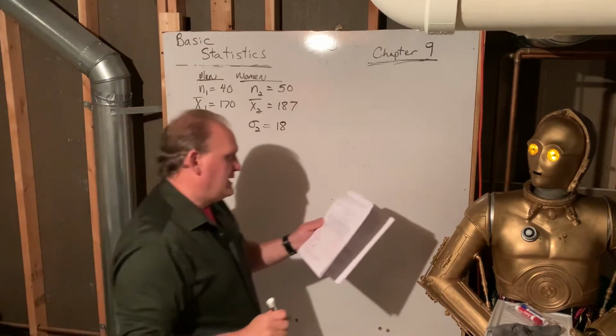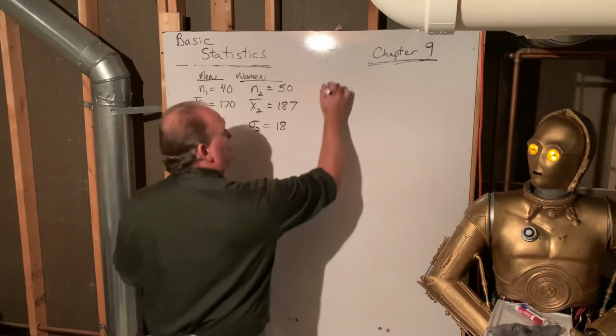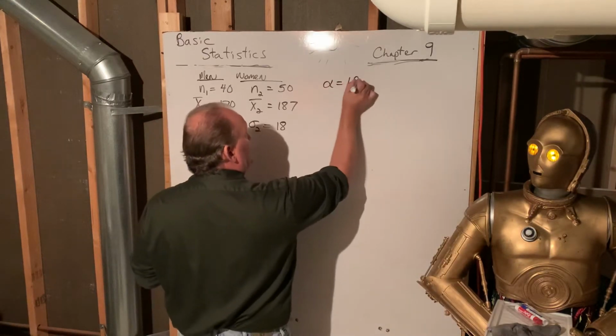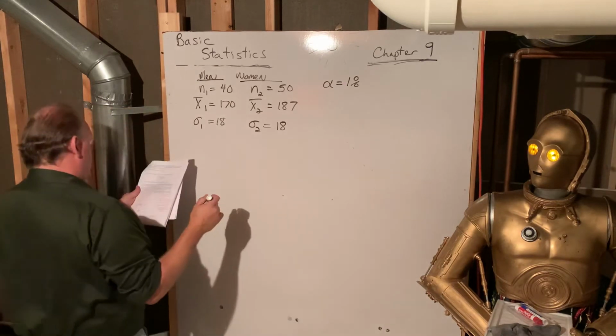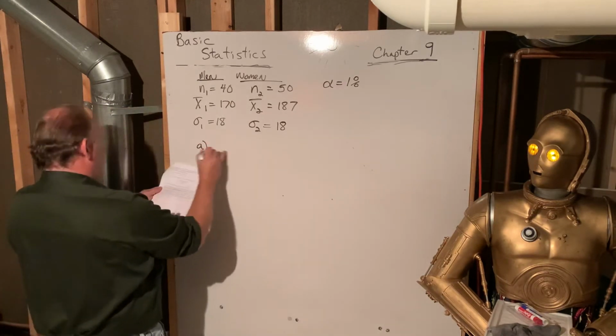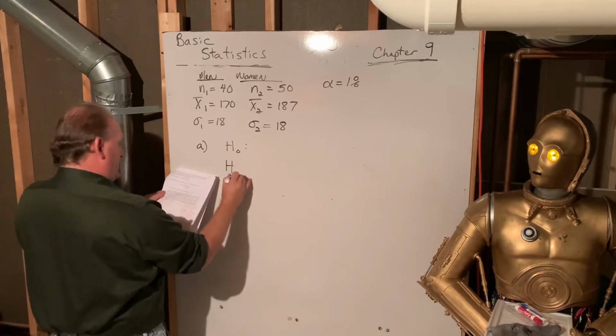And we'll set a level. Ooh, they're setting a pretty stringent alpha is 1%. So it's got to be, that's a pretty strict level. All right, so let's take a look. The null hypothesis and the alternative hypothesis.